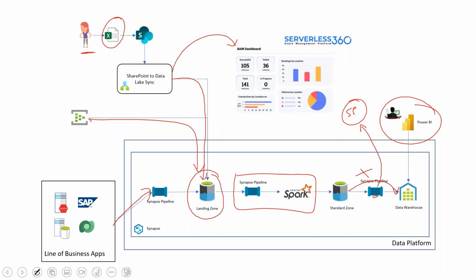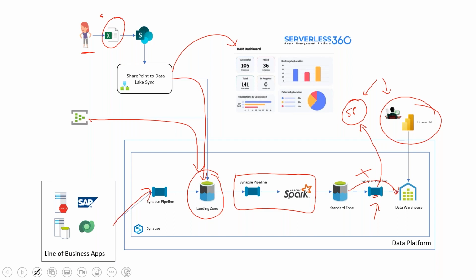In the real world, it wouldn't be uncommon for the same user to look at the Power BI report or look at SharePoint and go, oh, my data doesn't appear. Let's raise a support ticket. It escalates. The support team come and look at this and go, well, this pipeline broke. Why did it break? Boom, boom, boom, trace it back, and they go, oh, you never uploaded the file in the first place.